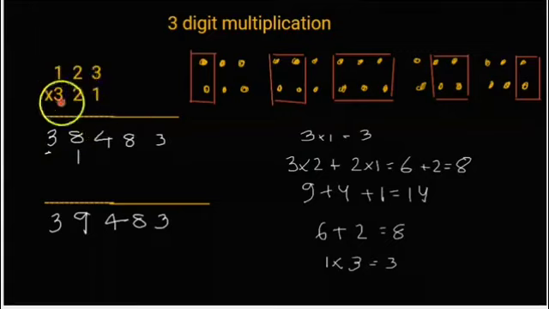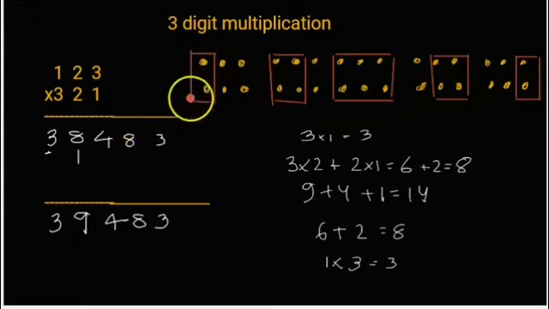We have in the question, you can see, 123 times 321. So this will be done in 5 steps. Step 1, step 2, step 3, step 4 and step 5. I will explain each step one by one.